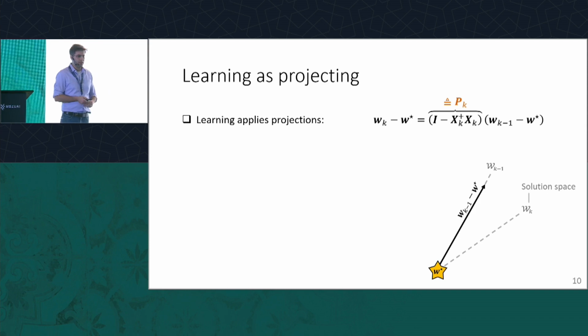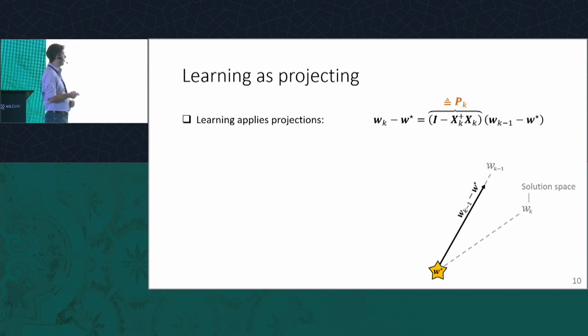Just rewrite the equation and say that each time we go through a task, the difference between our current solution and the optimal offline solution is multiplied by some projection matrix. Each time we fit using linear regression, we are actually projecting onto a new subspace, which is determined by the new task.